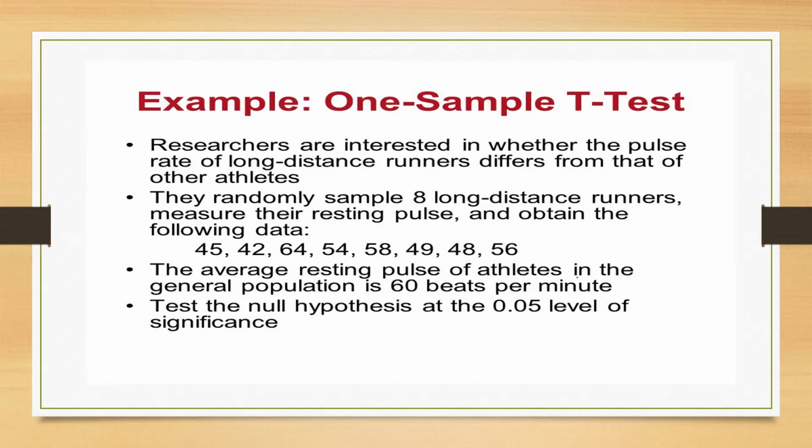They randomly sample 8 long distance runners, measure their resting pulse, and obtain the following data. Now, the average resting pulse of the athletes in the general population is 60 beats per minute. Now, what is that 60 beats per minute? What does it connote? Can somebody help me?